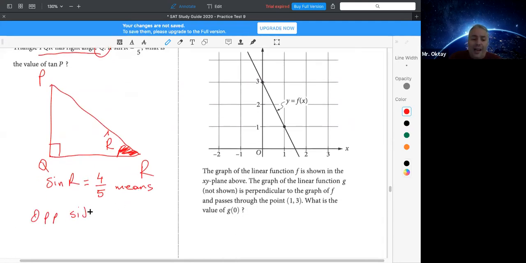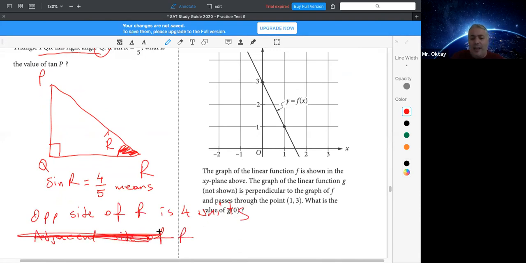The opposite side of R is 4 units, and the adjacent side of R, not adjacent, come on, this is for tangent. Hypotenuse. The hypotenuse is 5.